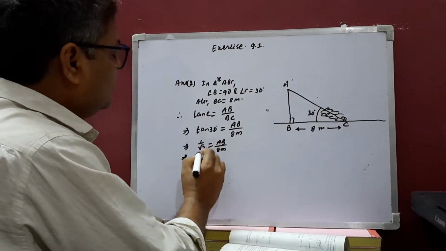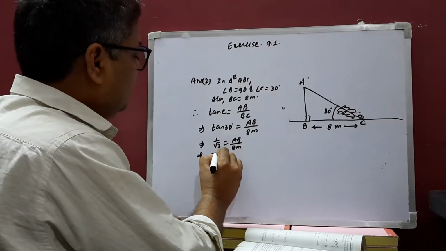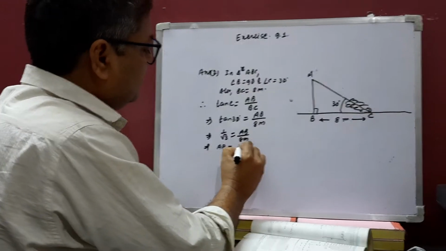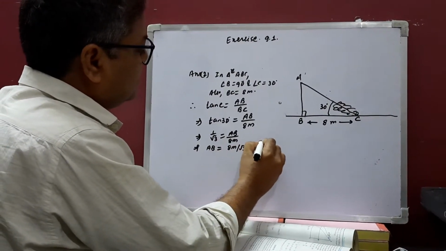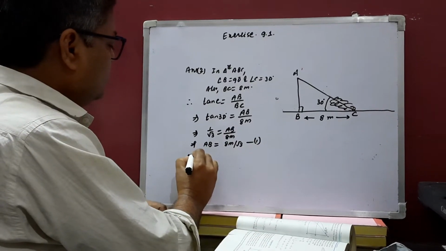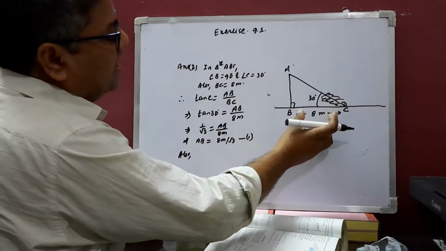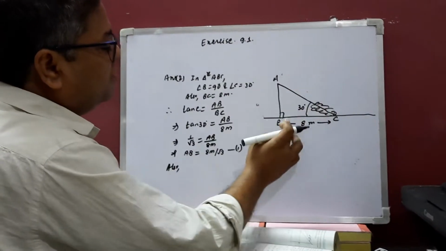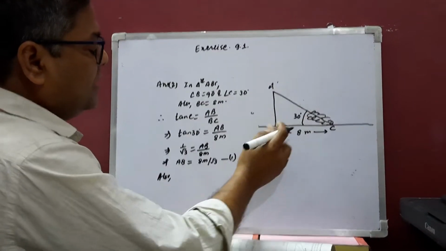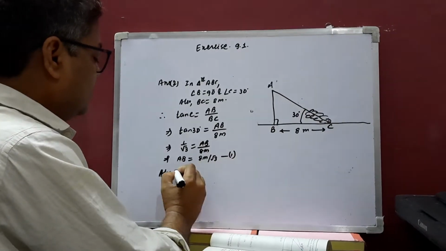And after cross multiplication, AB is equal to 8 meter by root 3, and this is first. Also, link this and this, and this is base and this is the hypotenuse. So these are linked with cos theta.